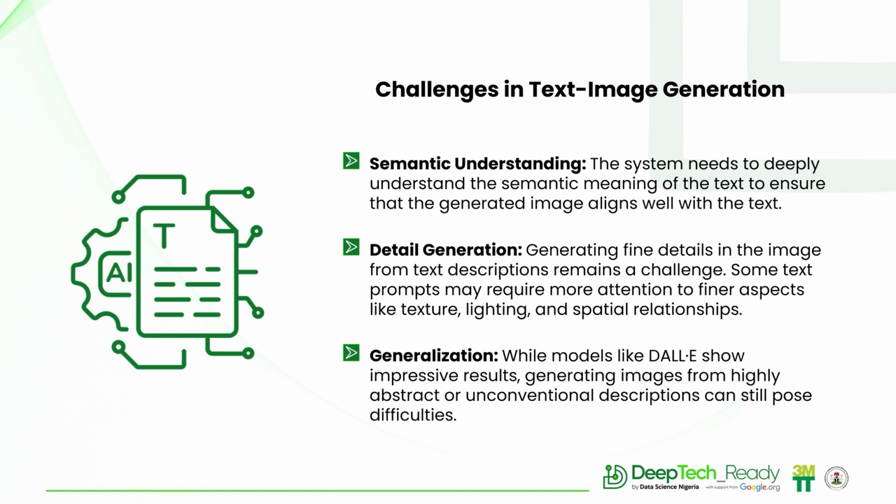While models like DALL-E show impressive results generating images from highly abstract or unconventional descriptions, it can still pose difficulty. Sometimes, if you notice when you are using DALL-E or OpenAI, the kind of images it generates are from certain types of concepts, based on the type of model and the data it was trained on.